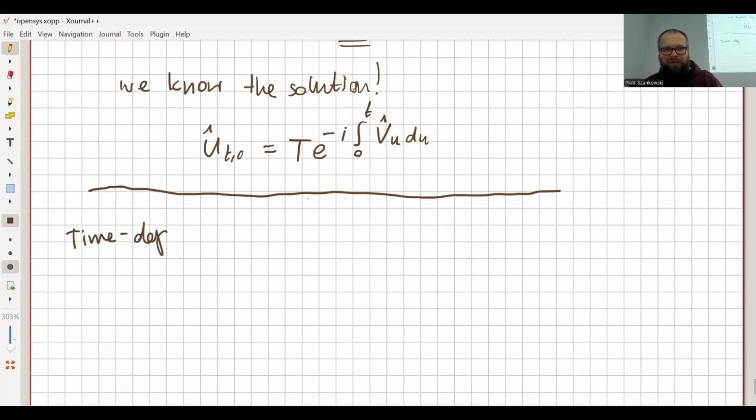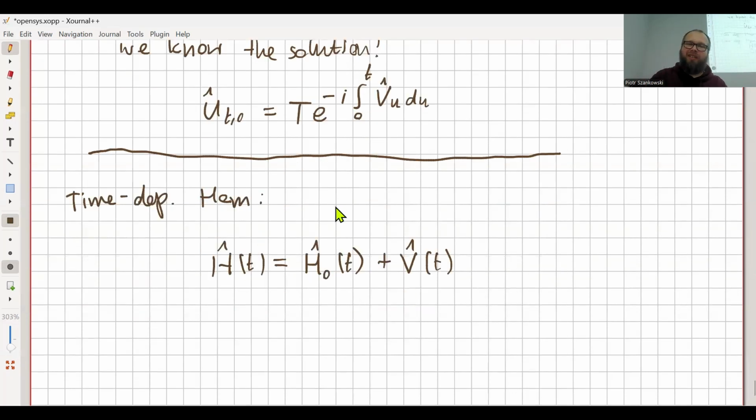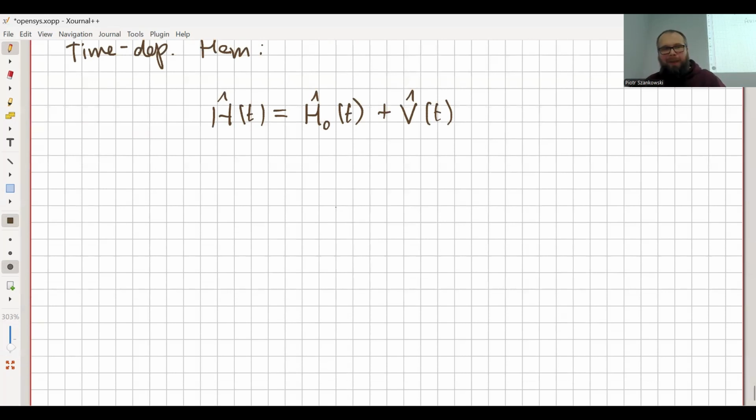H of t equals H0 of t plus V also of t. Everything depends on time, the most general case. And this time, U0 of t would have to be a time-ordered exp, right?